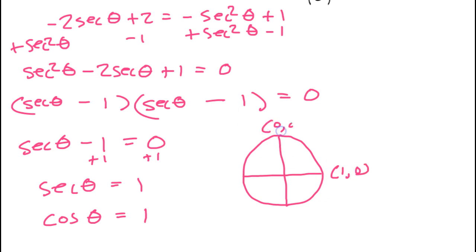This at the top is 0 comma 1. Over here on the left is negative 1 comma 0, and on the bottom is 0 comma negative 1. Cosine is an x value on the unit circle. So we are only looking at these numbers.